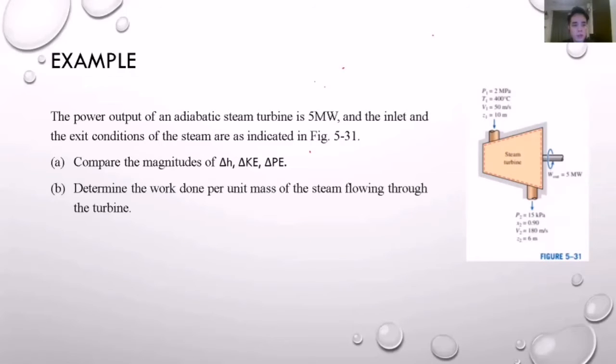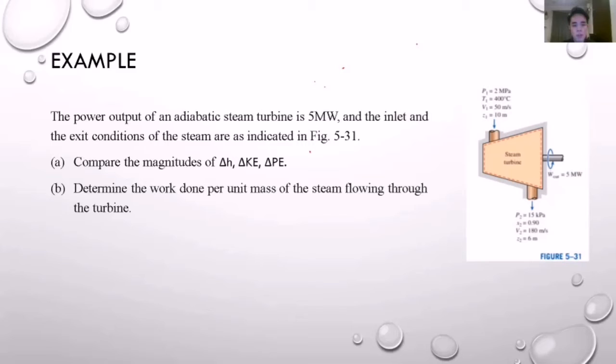Let us look at some examples. The power output of an adiabatic steam turbine is 5 MW, and the inlet and exit conditions of the steam are as indicated in figure 5.31. We are required to: A, compare the magnitudes of delta H, delta KE, and delta PE.